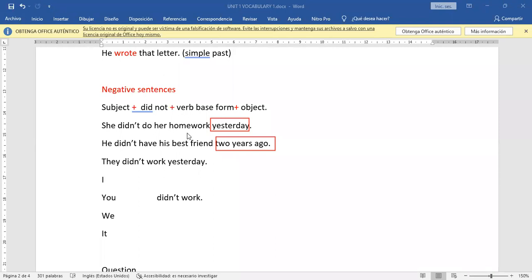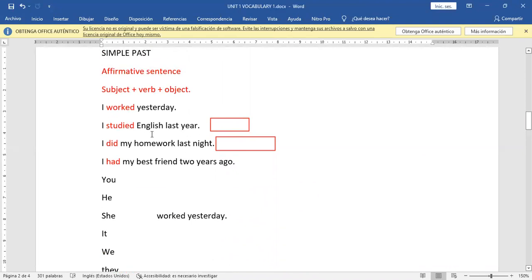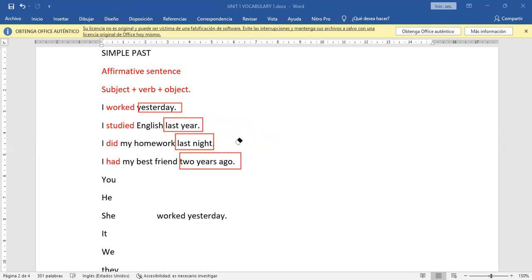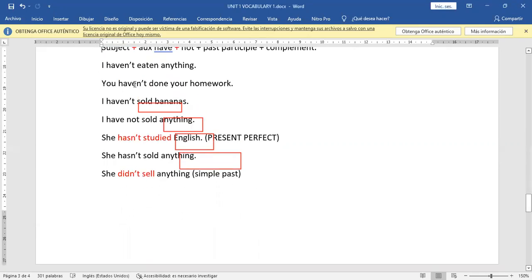Si usted ve yesterday, 2 years ago, last night, eso es marcador de pasado simple. Por eso dice que el pasado simple es una acción completa en el pasado. Mientras present perfect no necesita marcadores de tiempo.